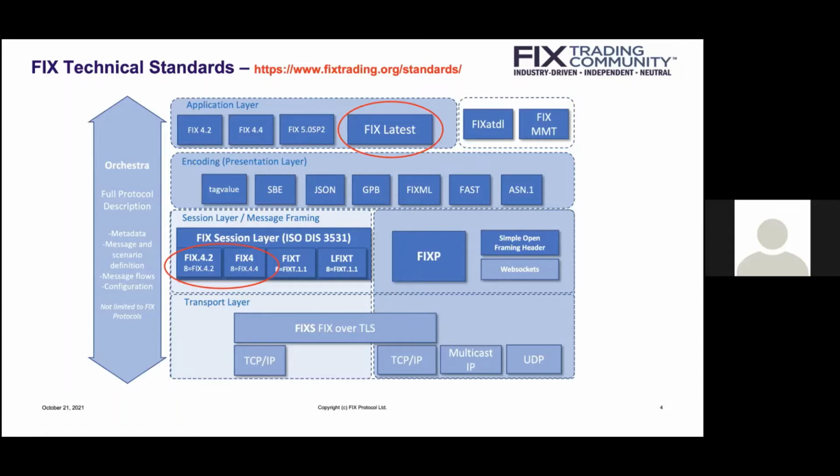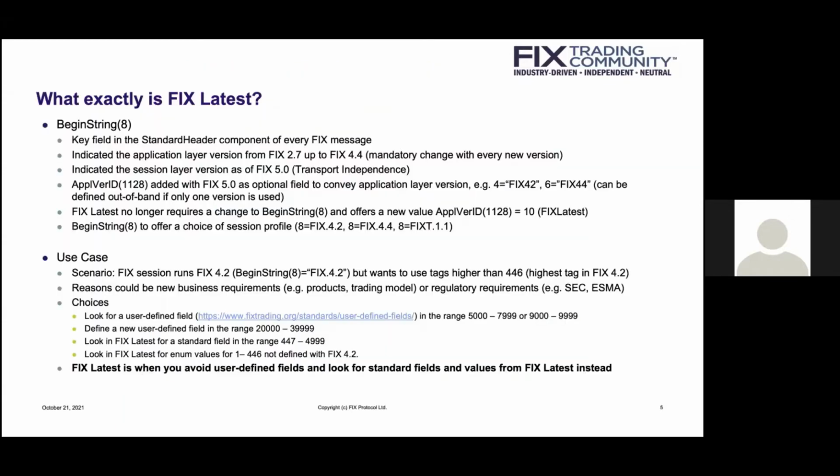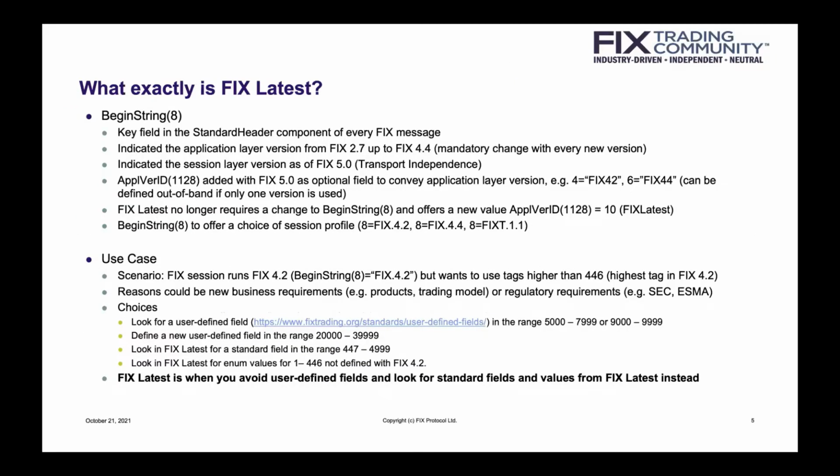So the legacy 4.2, 4.4, you can see are part of the session profiles there. But today is not about the session layer, it's about the application layer, so FIXlatest. And here to explain begin string, that was the key element to also know what application layer version this is about. It's in every FIX message, part of the standard header, and up to FIX 4.4.